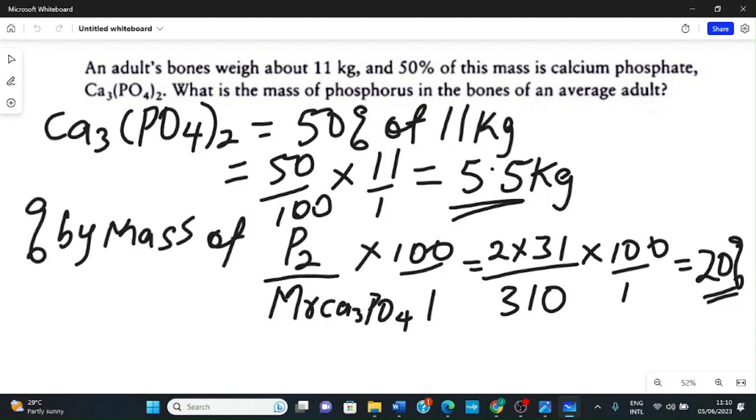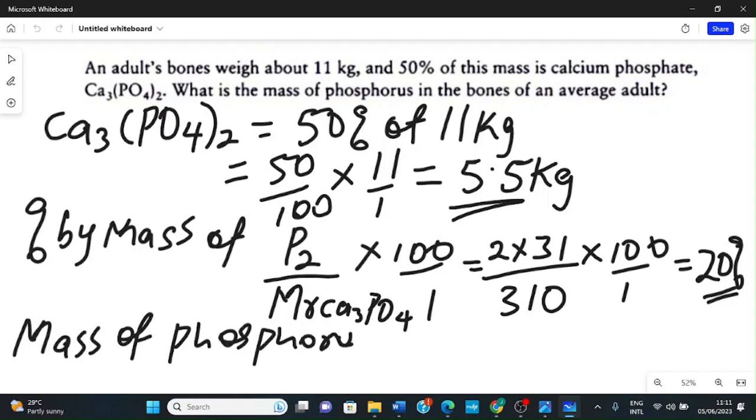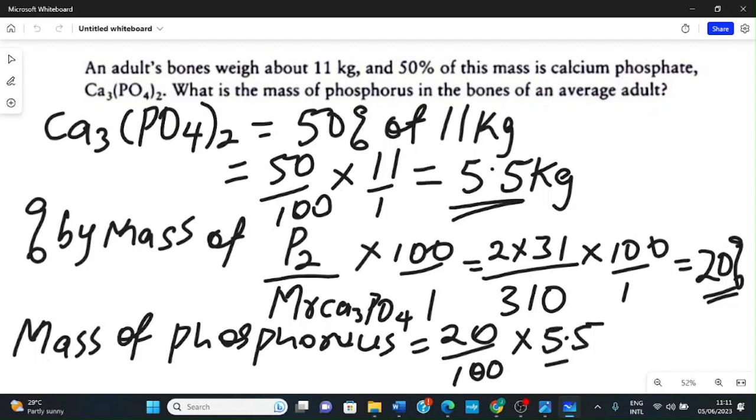Since we already have the percentage composition by mass, which is 20%, and we have the mass of calcium phosphate in an average adult bone, so it will now be mass of phosphorus will be equal to 20%, which is 20 over 100, multiplied by 5.5 kg.